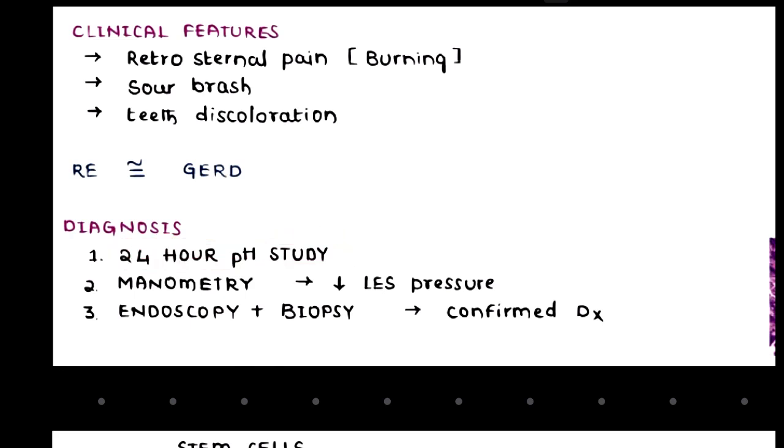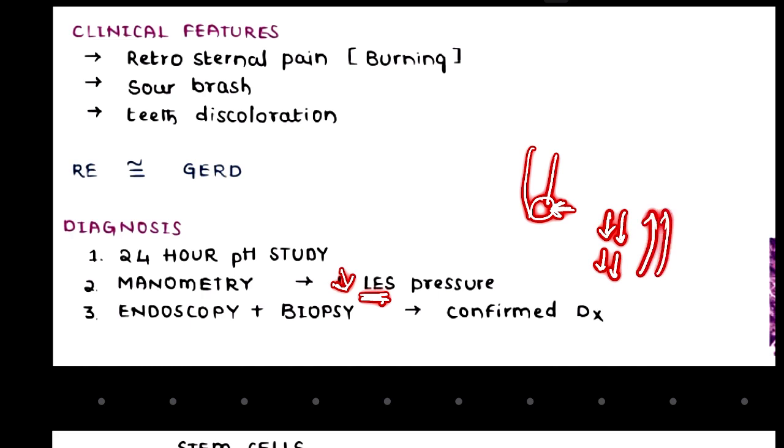We can also see the pressure difference with the help of manometry. There will be less pressure in the case of the lower esophageal sphincter. Because of the less pressure within this sphincter, it will not perform the unidirectional movement of food content. It will just cause reflux of gastric content.